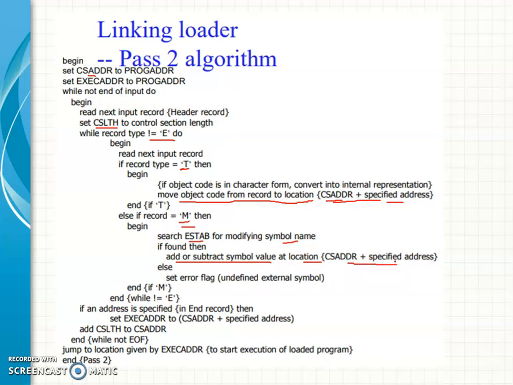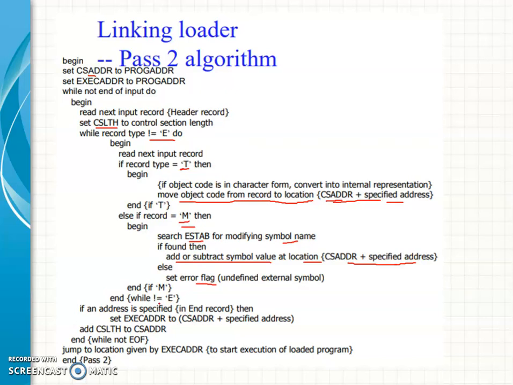CSADDR plus the specified address, the address that is given in the record. If found, this operation will be performed. If not found, it will set an error flag indicating an undefined symbol. So this task will be performed in the modification record.